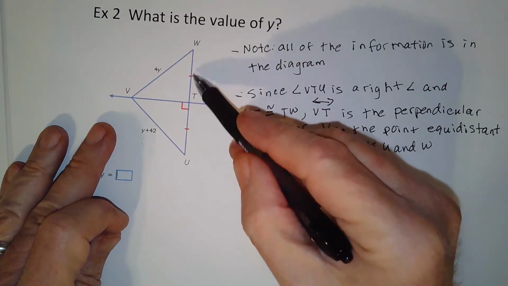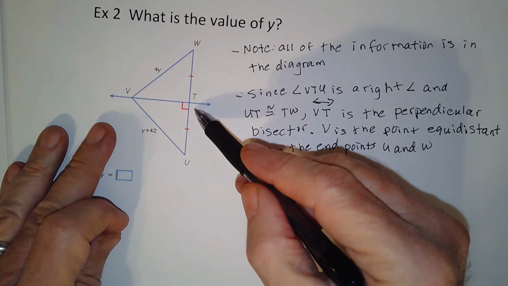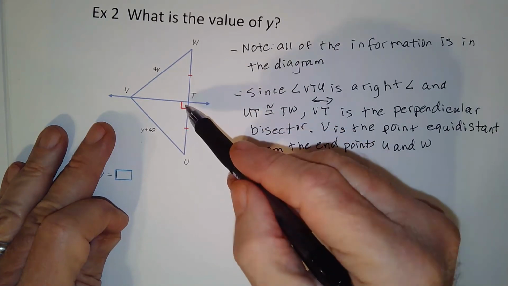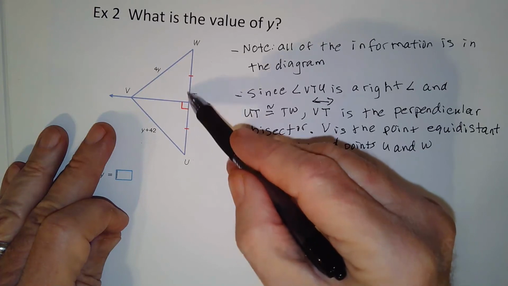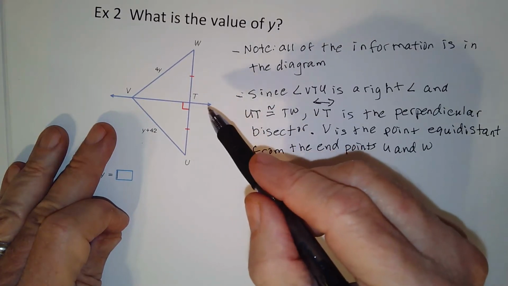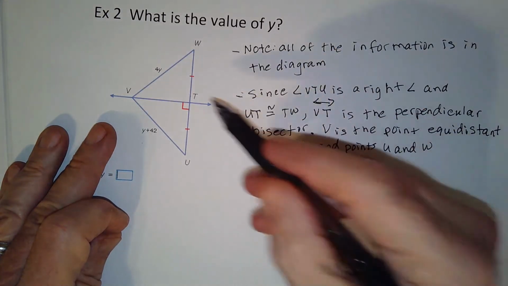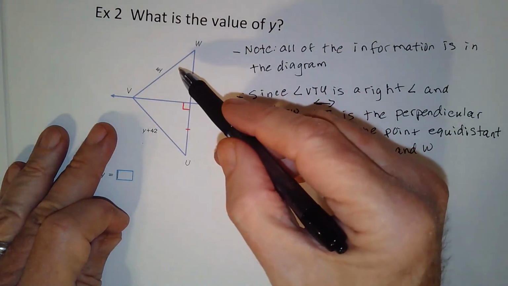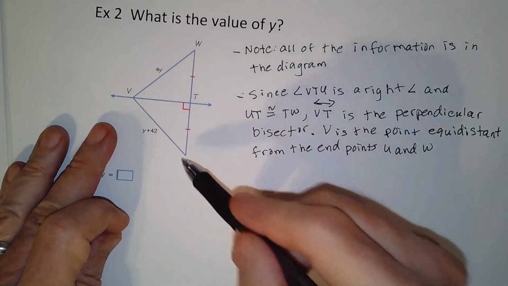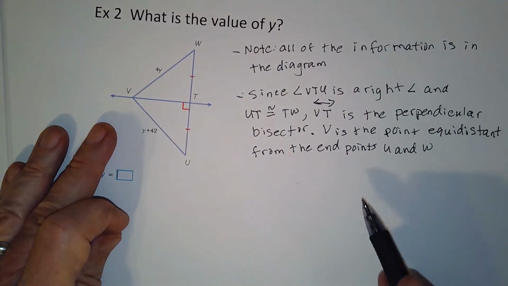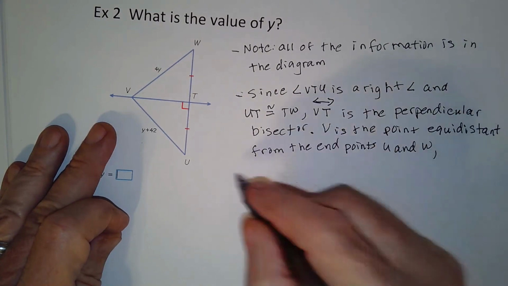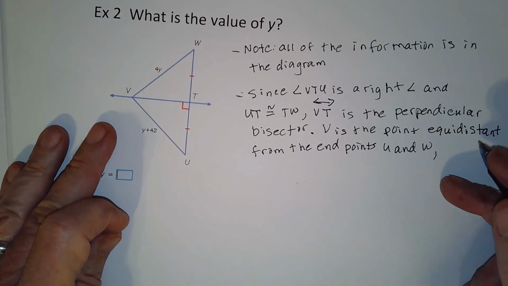You've got side WT and side TU that are congruent because it says so, and you've got a right angle here for both of these because it says so. Therefore, due to side angle side, you have congruency of these two triangles, and congruent parts of congruent triangles are congruent. Therefore, again, VW is congruent to VU. But this is sufficient, what we just said here.